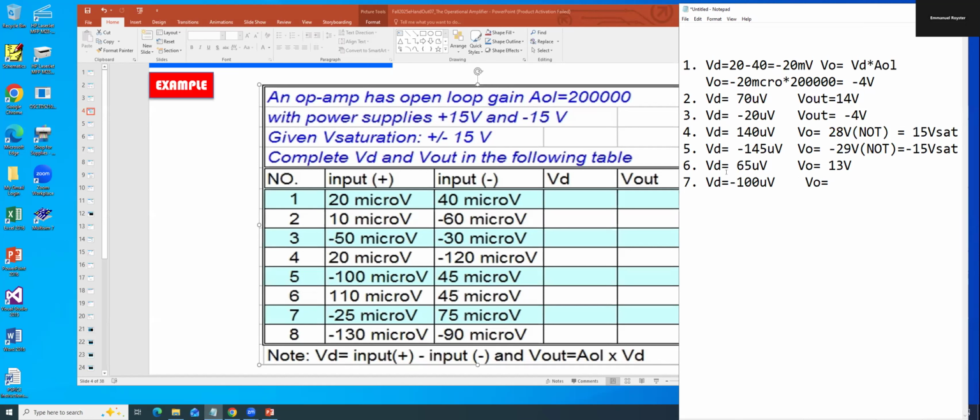Okay, yeah, minus 100. It should be minus 20 volts. That will not be right, because minus 20 is bigger than minus 15. So it will be plus 15 V saturation.